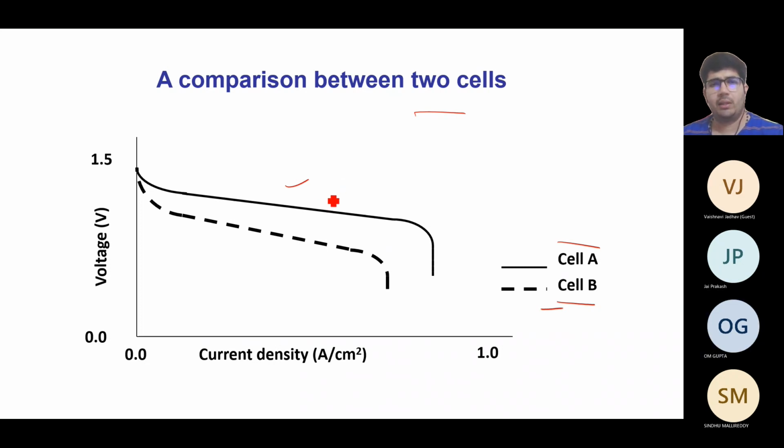In this case, we will go for cell A, because cell A has a more stable and good polarization curve as compared to cell B.